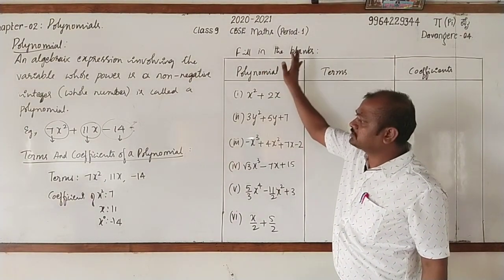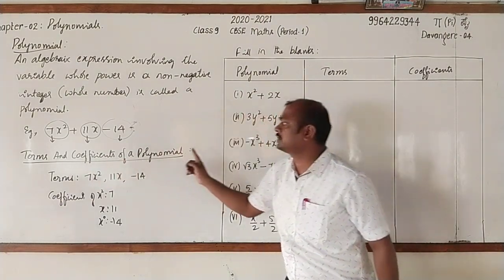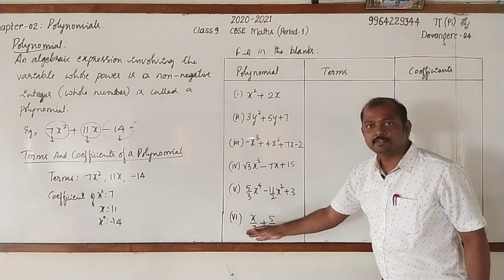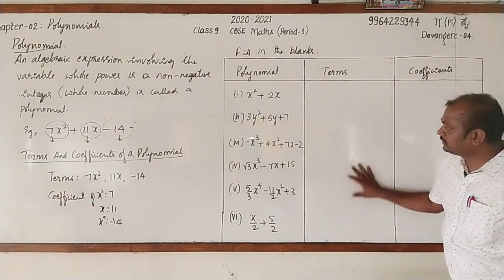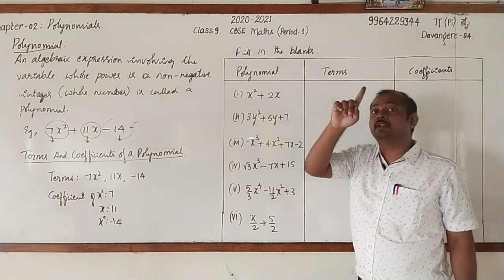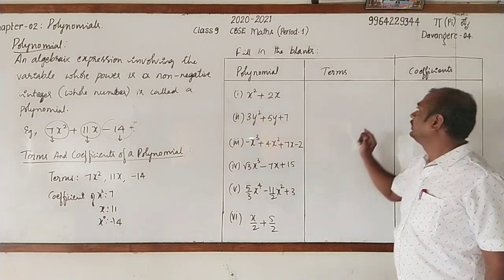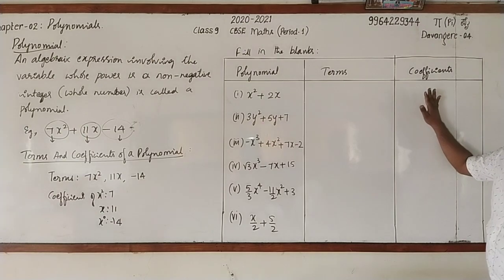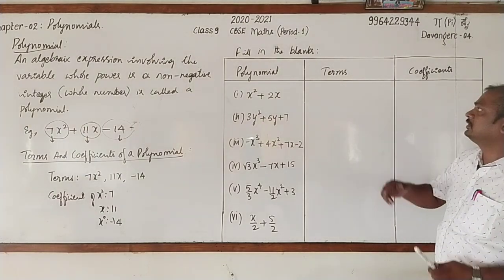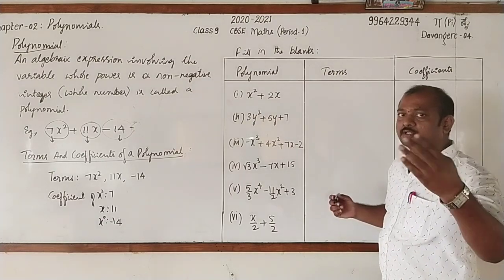Fill in the blanks with respect to terms and coefficients of a polynomial. Here I've taken 6 polynomials. In this, empty space is there. Here you are going to write the terms that are involved in each polynomial. Next, the corresponding coefficients involved. Go for telling yourself.